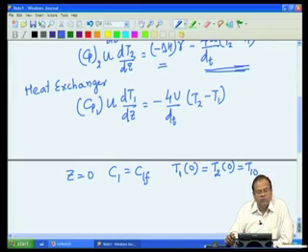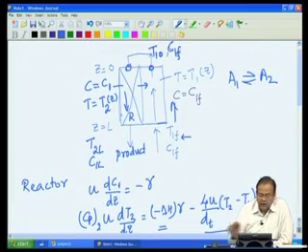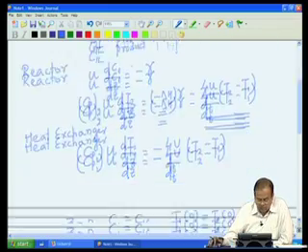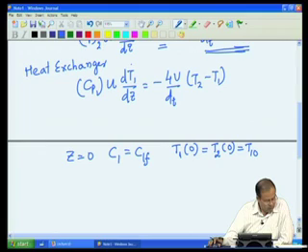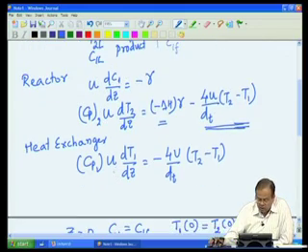I do not know what that value is, but I do know that T1 at Z equal to 0 must be T2 at Z equal to 0. So this is my boundary condition at Z equal to 0, and what is happening at Z equal to L? We need 3 boundary conditions.